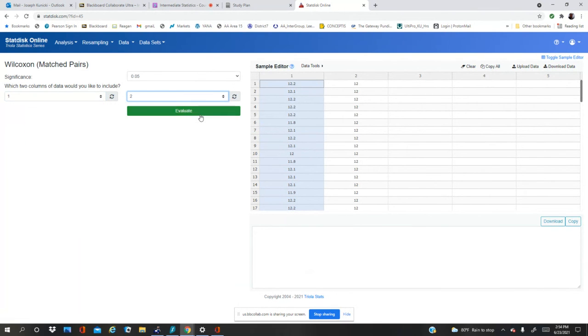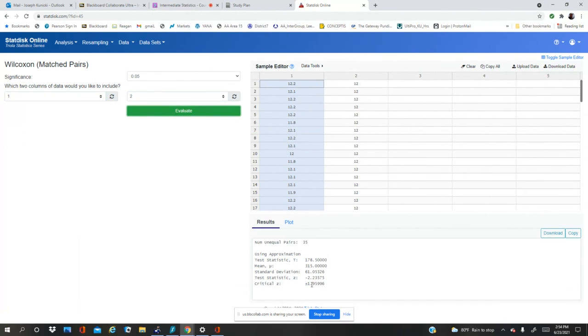Let's see if we get the same numbers. Here's your minus 2.24, there's your plus or minus 1.96, and there's your 178.5 on your test statistic. So if you want more complete output, you have to use StatDisk, although you still have to add this whole column of 12s. I just put like 4 of them in and copy and paste until I get all of them put in. You don't have to enter all of them by hand.